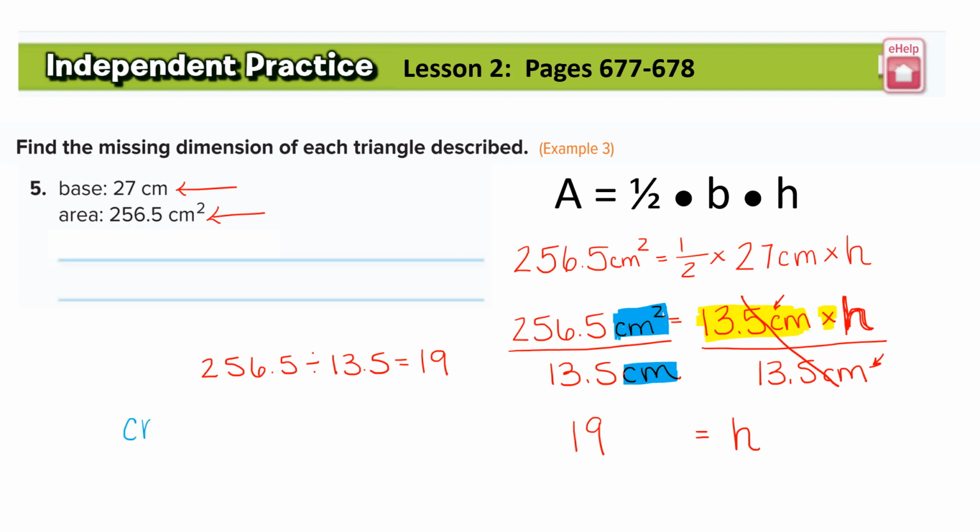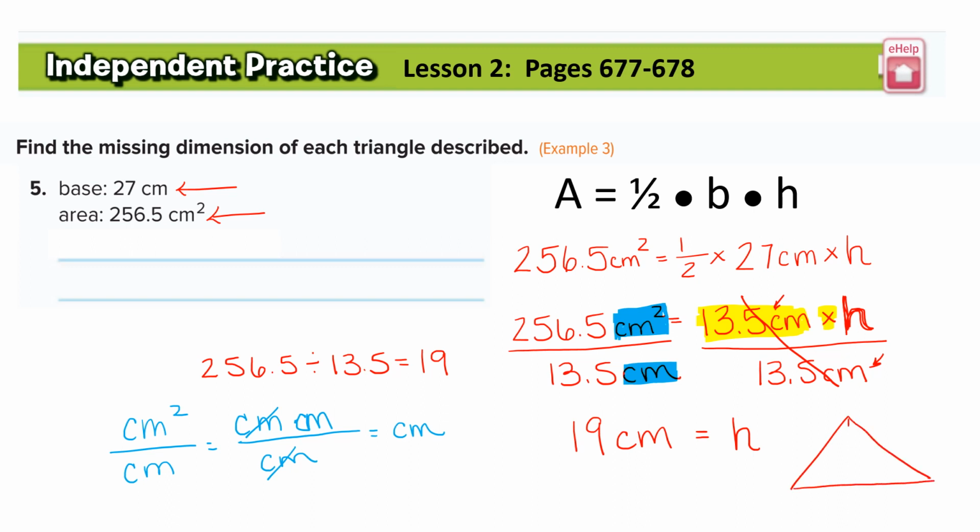This is centimeters squared divided by centimeters, which equals centimeters times centimeters over centimeters. So I can cancel one off the top and one off the bottom, and that's going to give me centimeters.